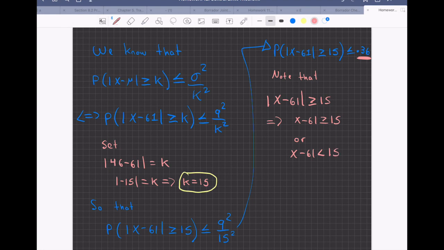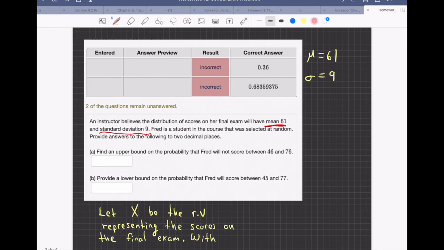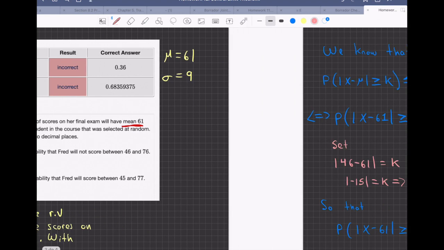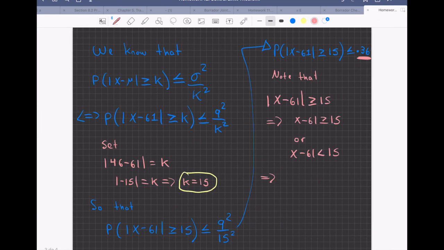One of the two. So when you simplify this, 61 plus 15 is 76.